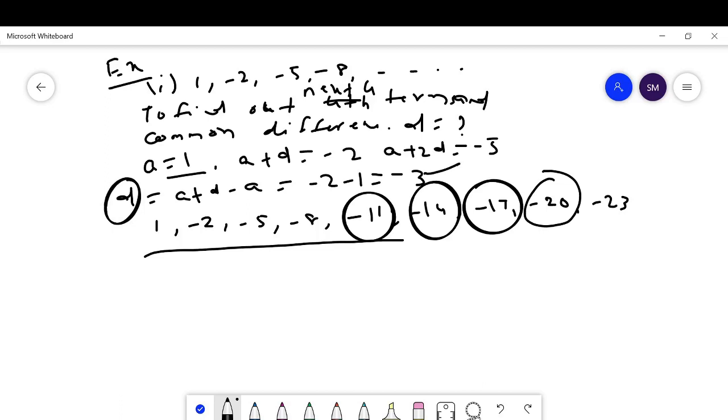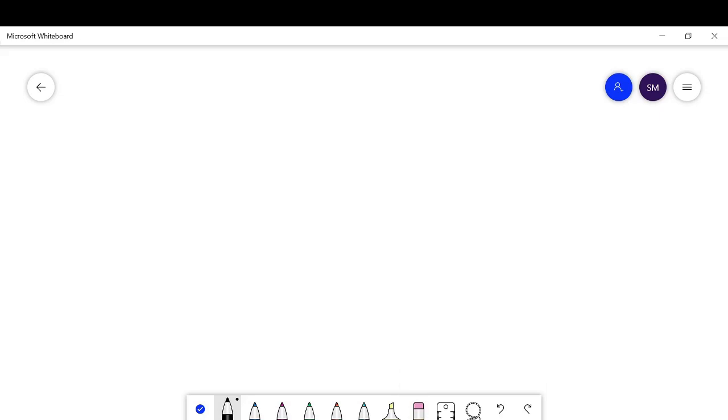Then next, here is the theorem. We continue this on the next page. Here we have to prove the theorem.